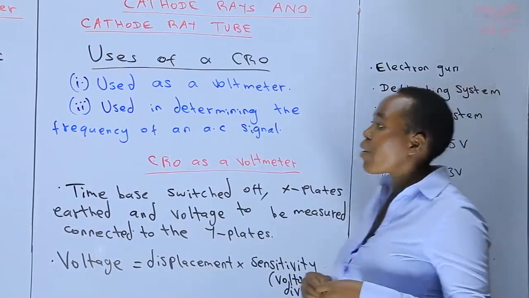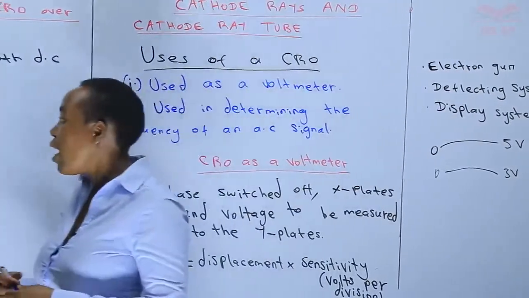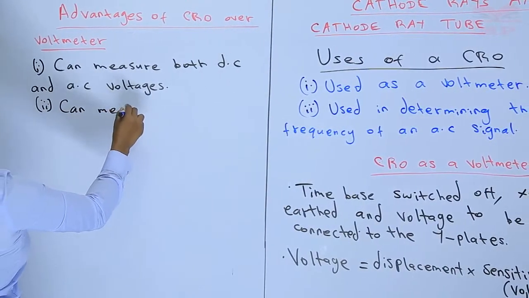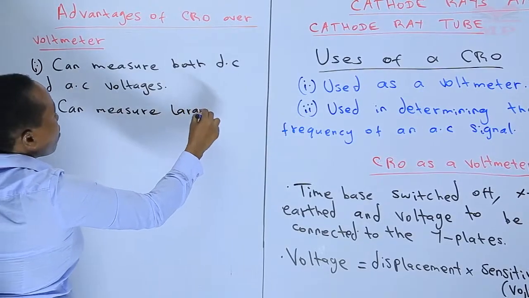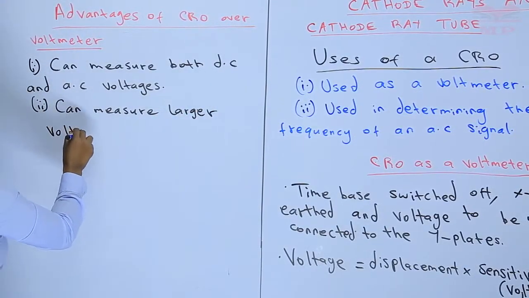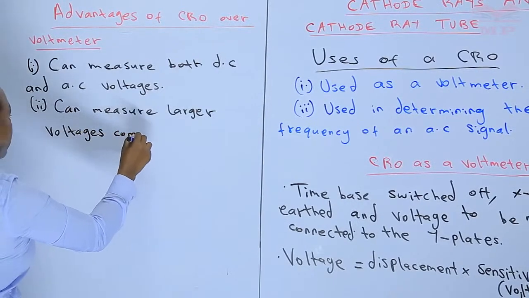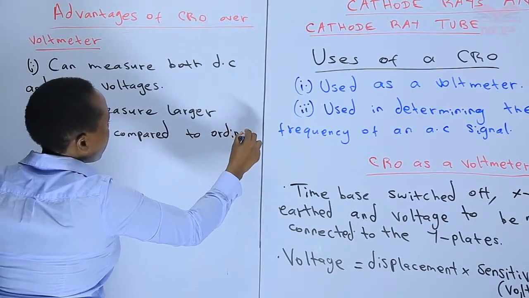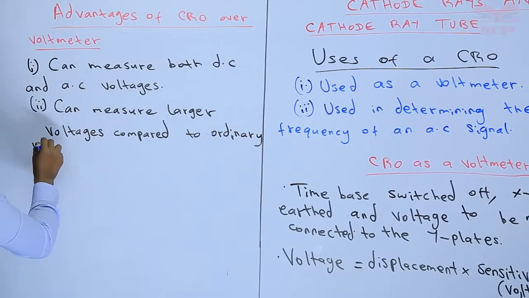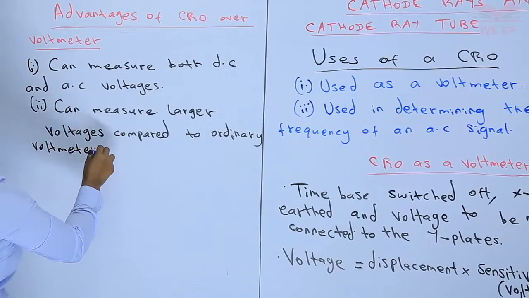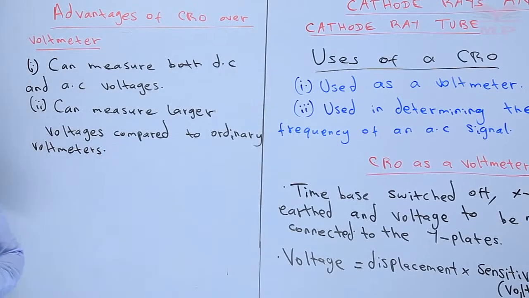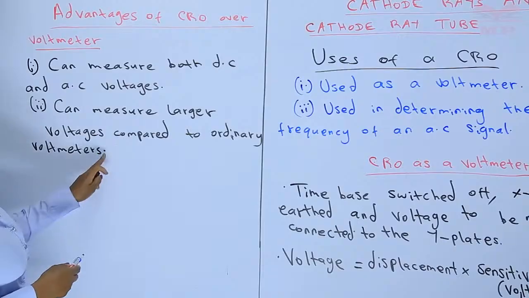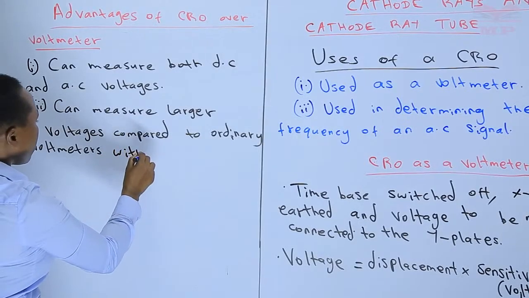But the CRO can be used to measure larger voltages compared to the ordinary voltmeters, and it cannot be destroyed.